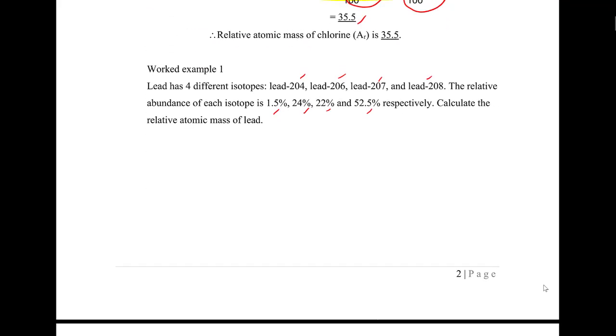the AR of lead will be: we're going to take 1.5 over 100, multiply this by 204. We're going to take 24 over 100, and multiply this by 206.